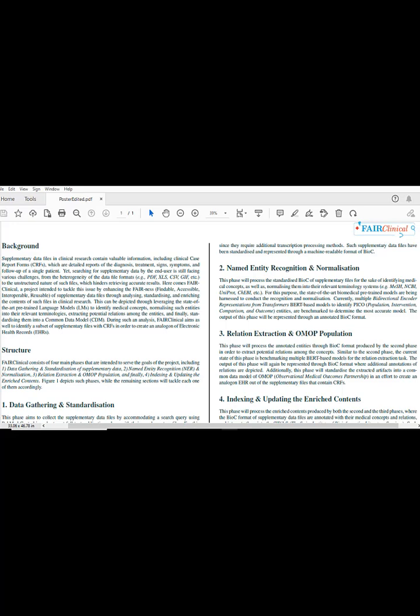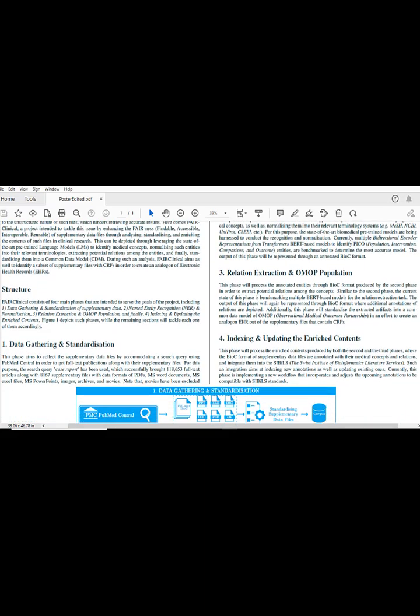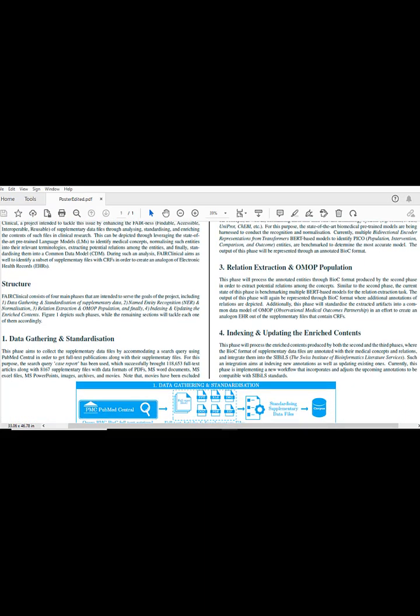Finally, the fourth phase, indexing and updating the enriched contents, is led by our Swiss partner, the Swiss Institute of Bioinformatics, in which they are expecting to receive the enriched BioC format of the supplementary data files with the new annotations of the biomedical entities provided by the second phase and the new annotations of the relations provided by the third phase.